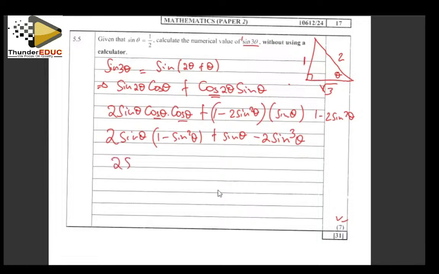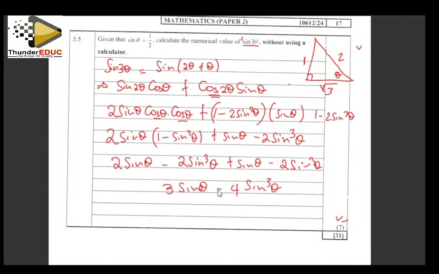Open this up: I have 2 sine theta minus 2 sine cubed theta plus sine theta minus 2 sine cubed theta. When you add up, you have 3 sine theta minus 4 sine cubed theta. That is if I want to express everything just in the form of sine.